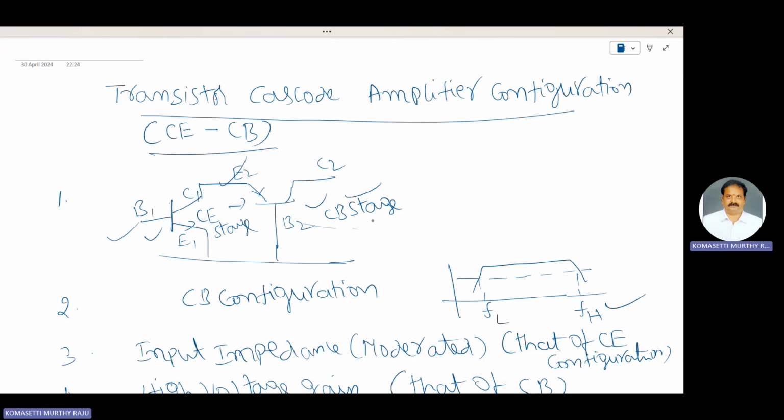Better isolation between output and input of the configuration means it reduces the Miller capacitance effect. It provides high voltage gain, high bandwidth, and high input resistance, with excellent frequency response characteristics due to CB configuration and high output resistance.